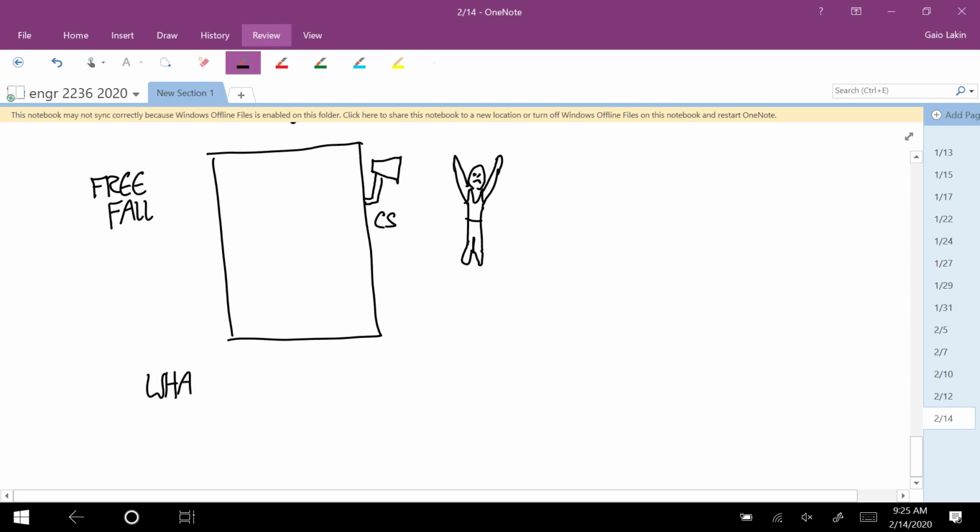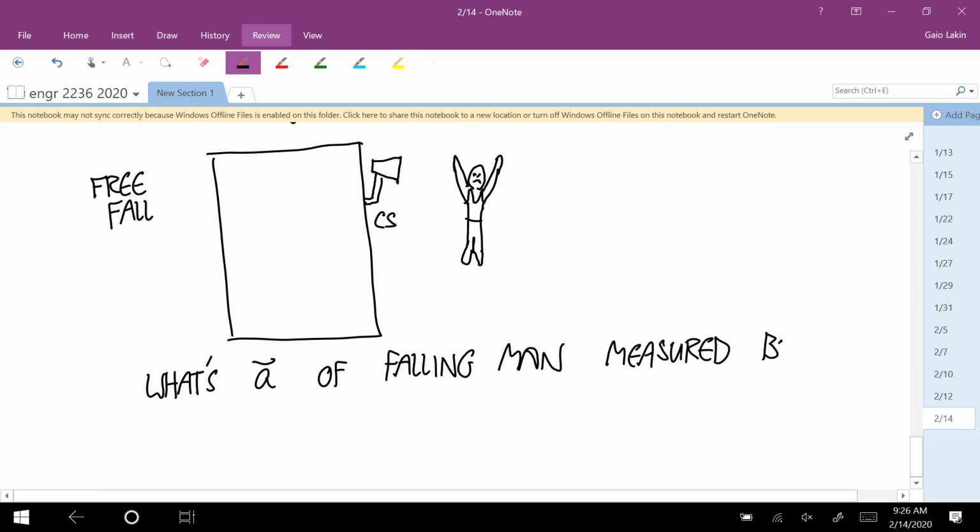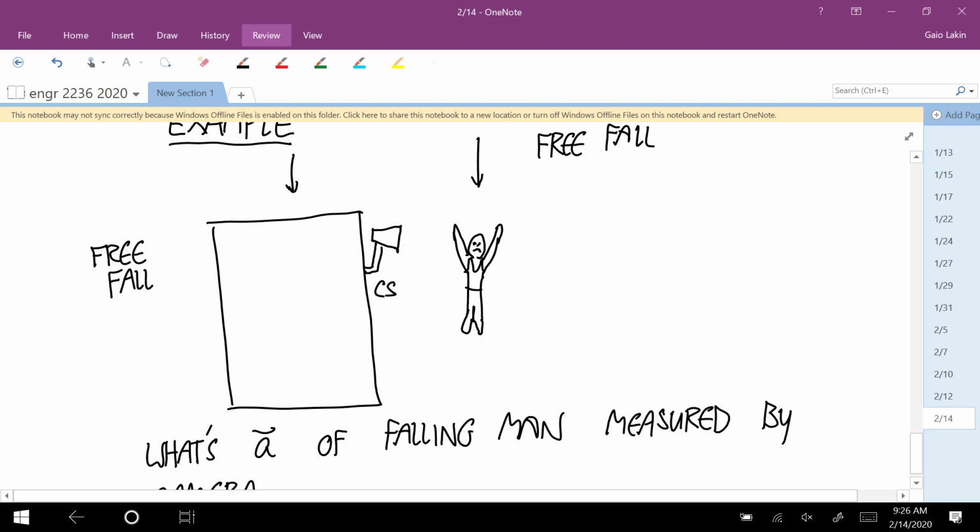What's the acceleration of the falling man measured by that camera? Exactly. It's easiest to imagine if they are dropped at the same time, they're going at the same speed the whole time, so the camera just sees this guy hovering there in space.